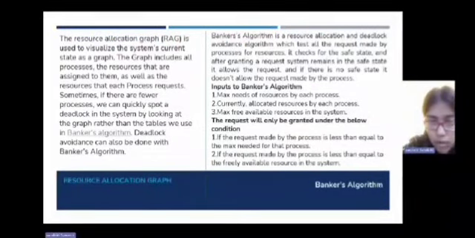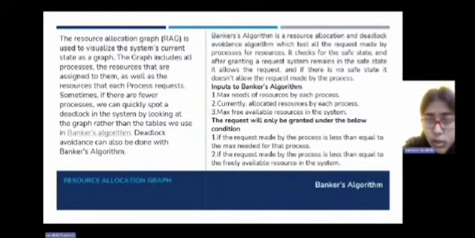Now we'll go for resource allocation graph and Banker's algorithm. By these two methods, we can do deadlock avoidance. First one, resource allocation graph. The resource allocation graph, or RAG, is used to visualize the system's current state as a graph.